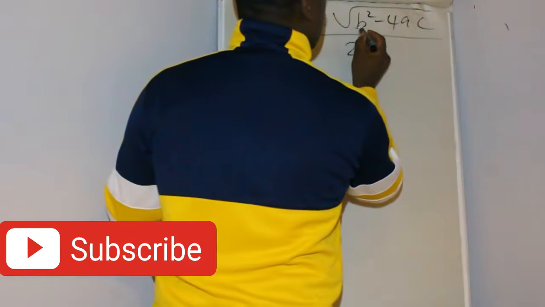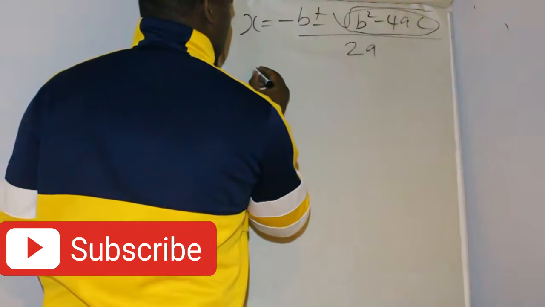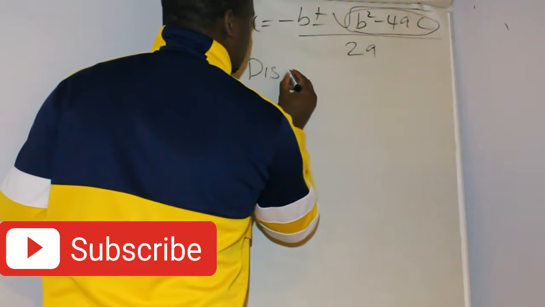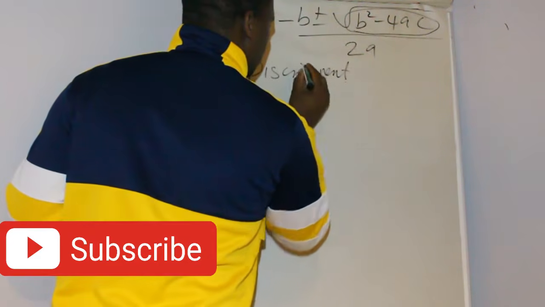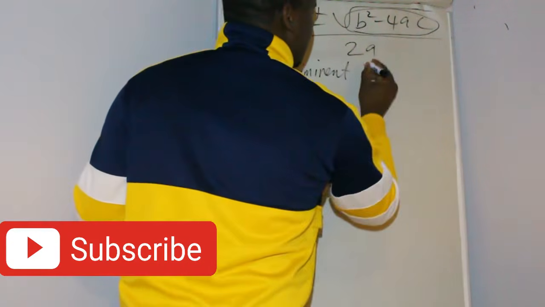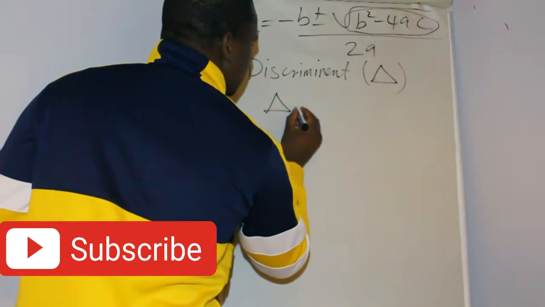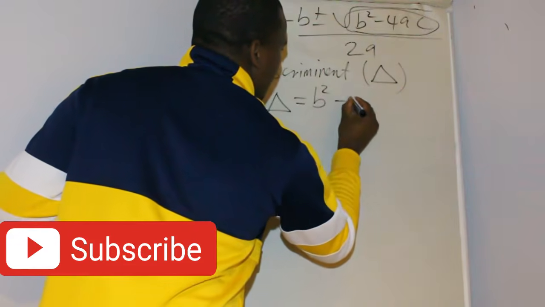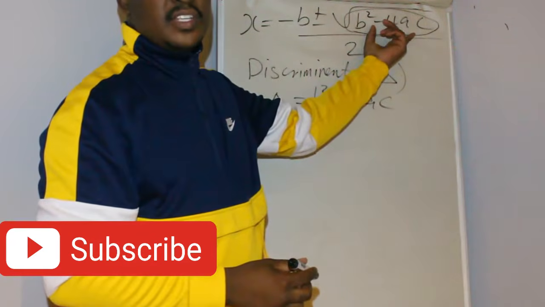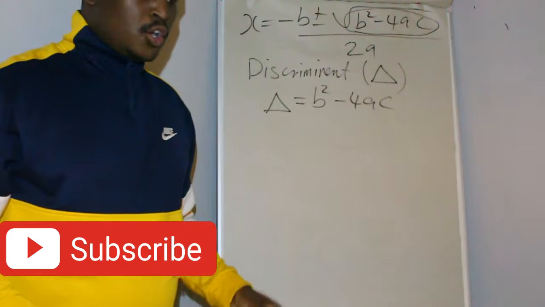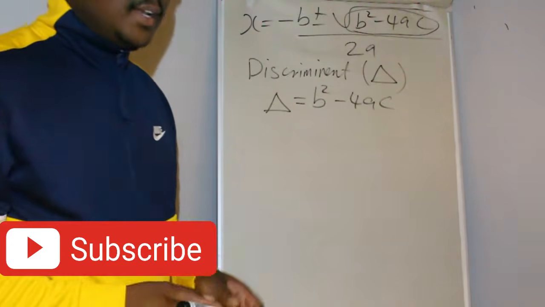So this part here is called the discriminant. The symbol of it is this triangle here. So the discriminant is equal to b squared minus 4ac, which is the part that is under the square root here. I'm going to dwell a bit on discriminants. So let's continue.